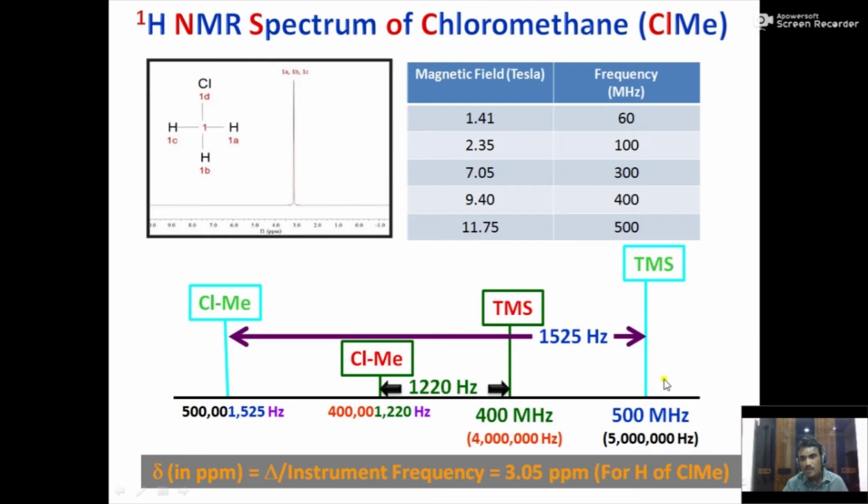But when I am using the instrument of 500 megahertz frequency, the difference between the TMS and the chloromethane proton signal is 1525 hertz.